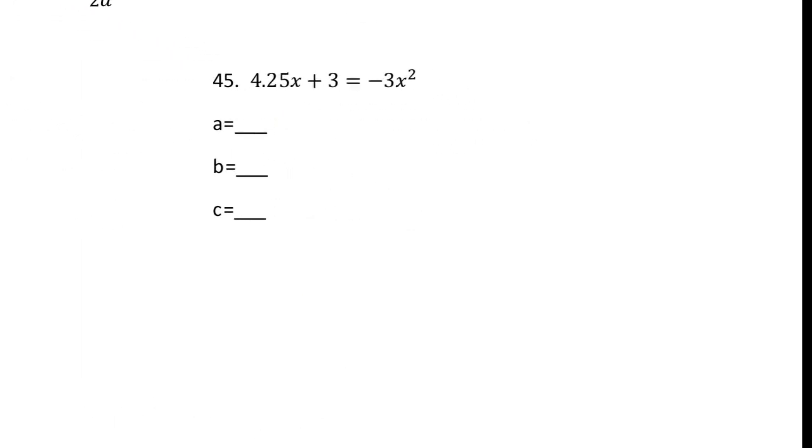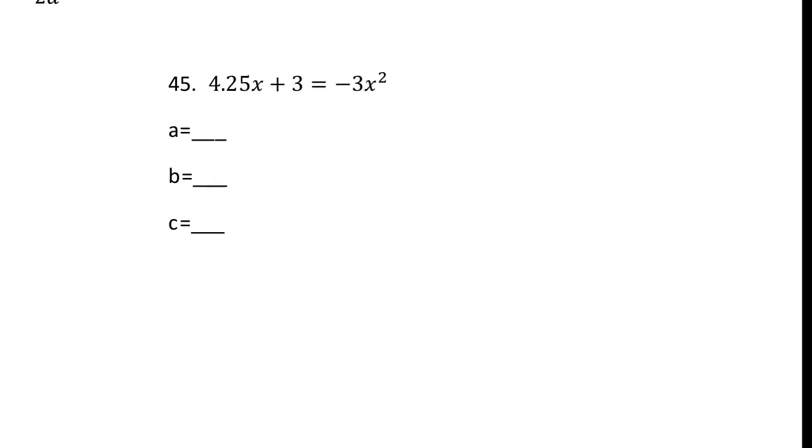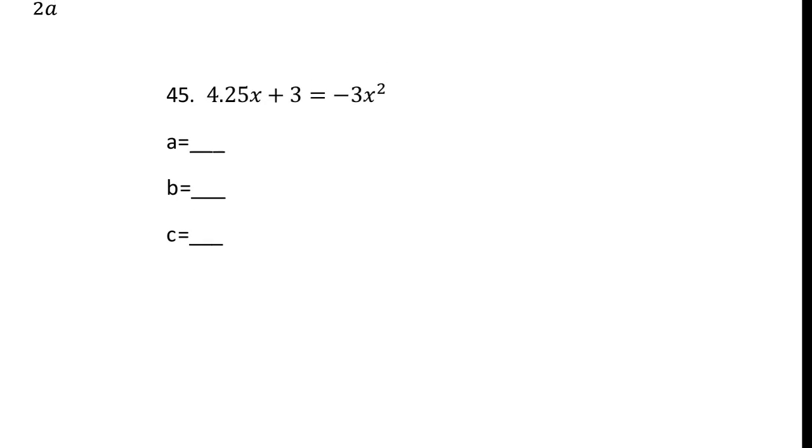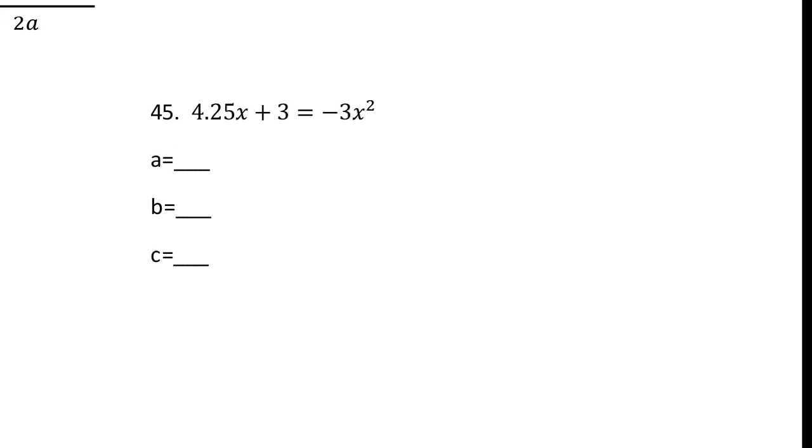I want to do 45 because it's got a decimal and it's not set equal to 0. Okay? So, very first thing, when it tells you to use the quadratic formula, you have to set it equal to 0. That is not set equal to 0. So, how would I make that equal to 0?